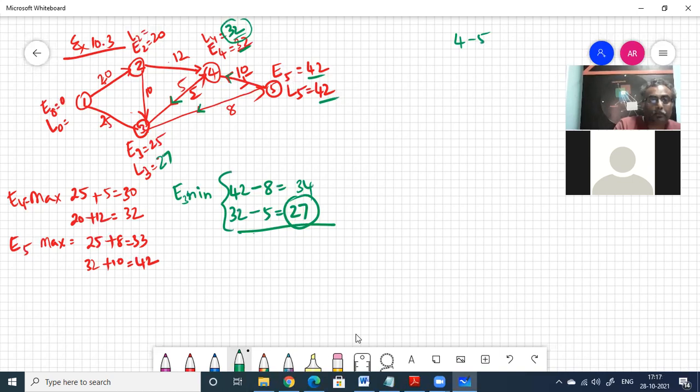Now what you have to do? You have to find L2. L2 is the minimum of L3 minus 10, or L4 minus 12. L3 is 27, minus 10 equal to 17.